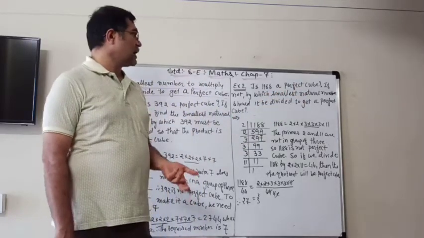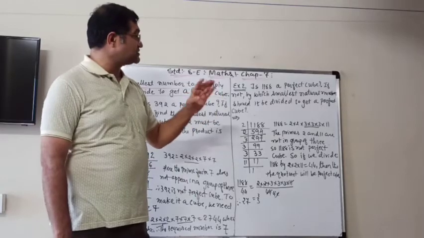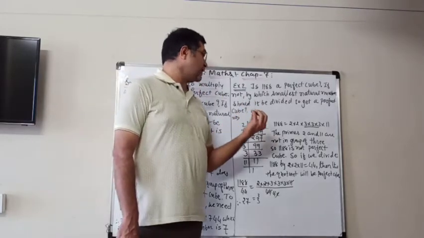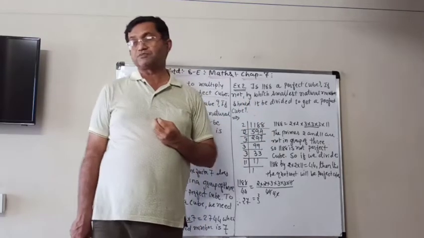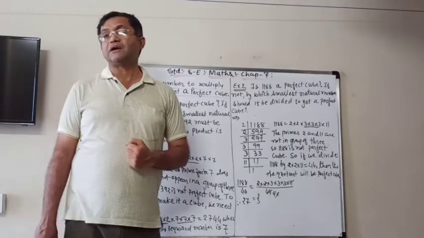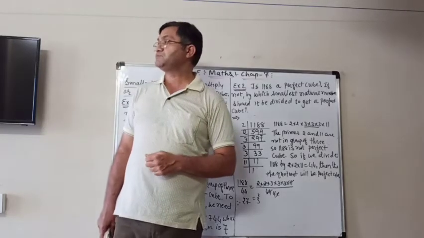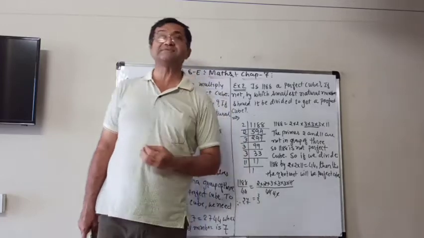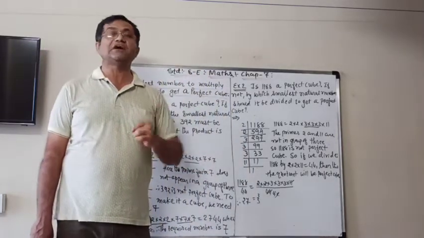If not, by which smallest natural number should it be divided to get a perfect cube? It means that when we divide it, the quotient will be a perfect cube. So here also, first we have to find the prime factorization of 1188.